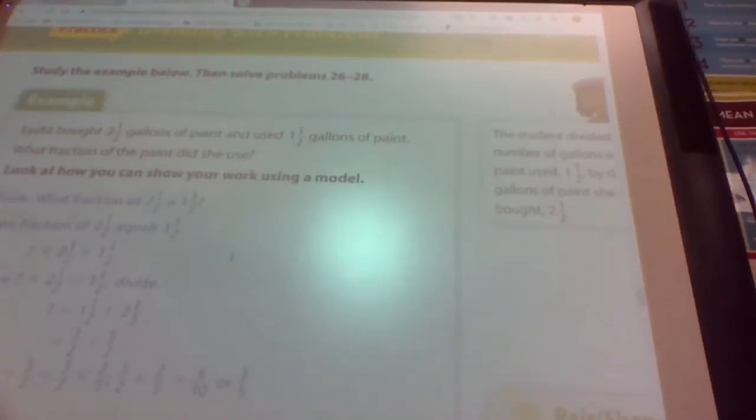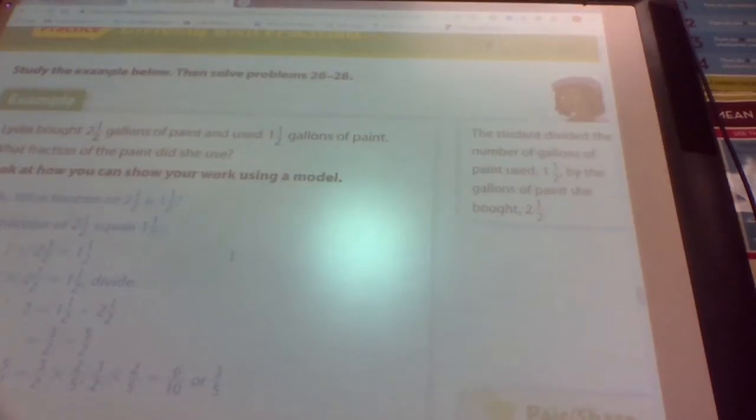It says Lydia bought 2 1/2 gallons of paint and used 1 1/2 gallons of paint. What fraction of the paint did she use? All right. It says think. What fraction of 2 1/2 is 1 1/2? All right, so we have to divide.